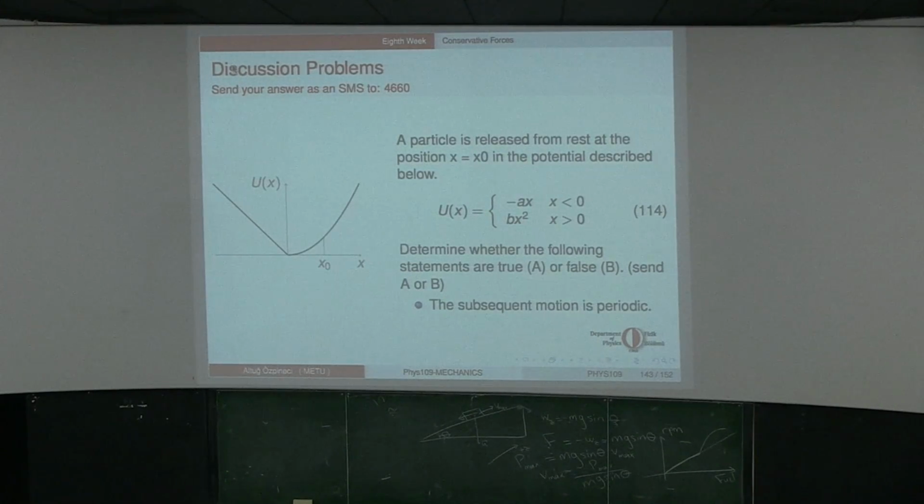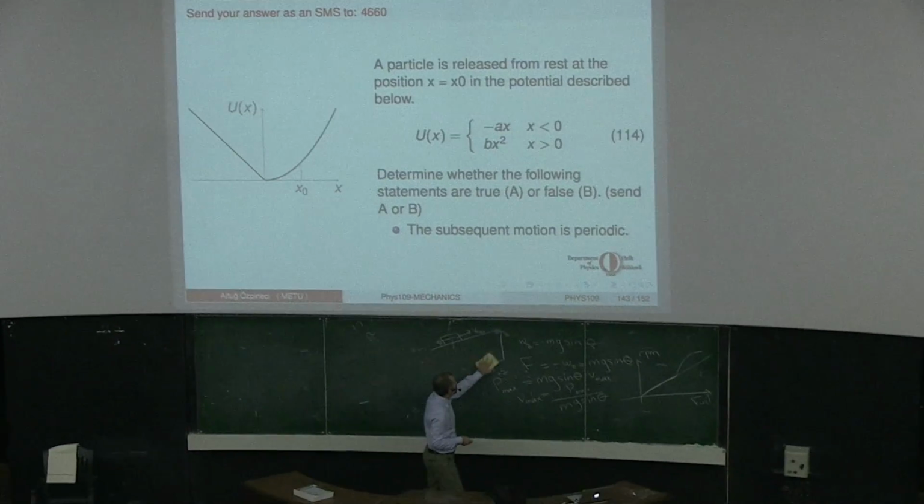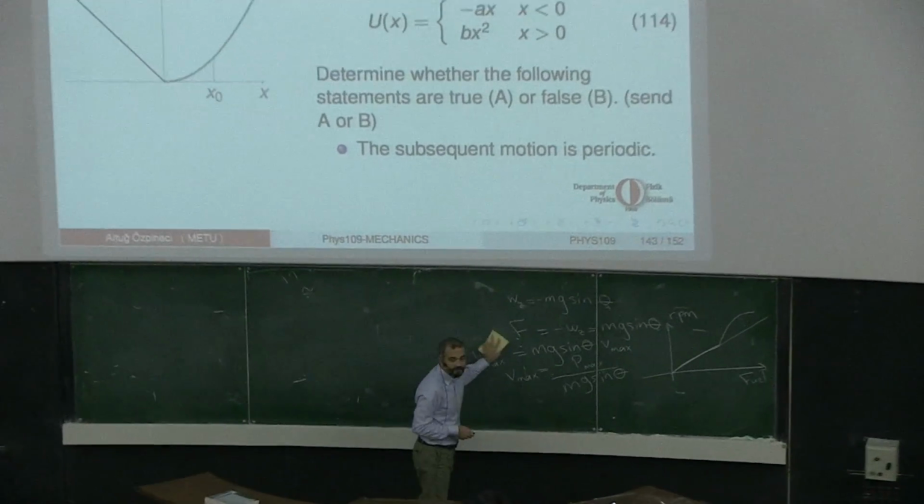So it is minus 2bx. Do you know any example of a force which goes as minus some constant times x? You do know such a force. Try to remember. The force is proportional to the distance. Gravity, we just said that it is constant.